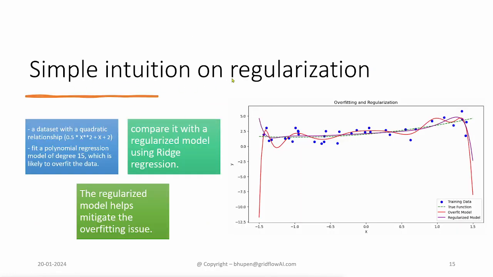Let's look at simple intuition on regularization. I'm taking a simple example. Let's say this is how our data set is represented using a quadratic polynomial. This is just a simple, trivial, representative example. The blue dots that you see here on the plot are your training samples. And the red line that you see here is your regression model.